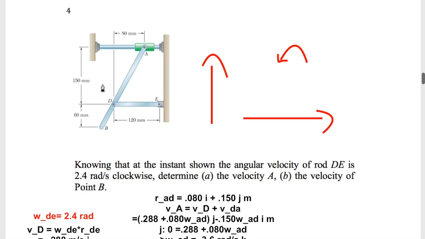Next we move over to look at this section here, A to D, and we notice this collar here. So we know that the R from A to D is this 0.08, 0.150 down.